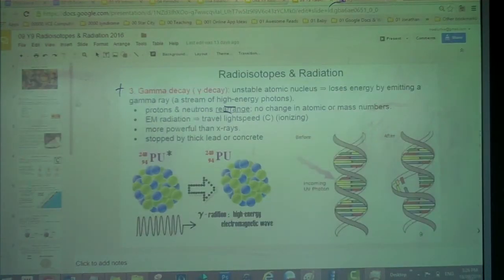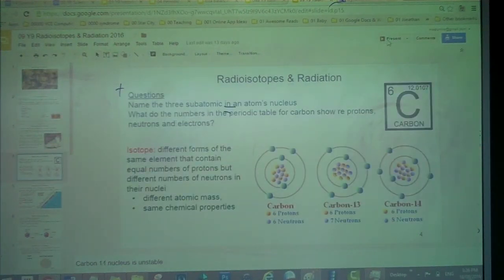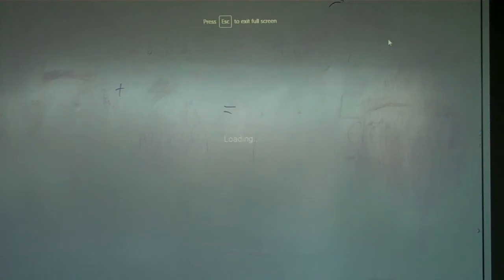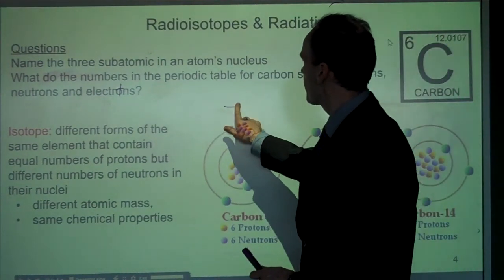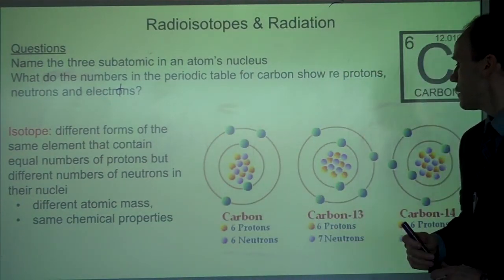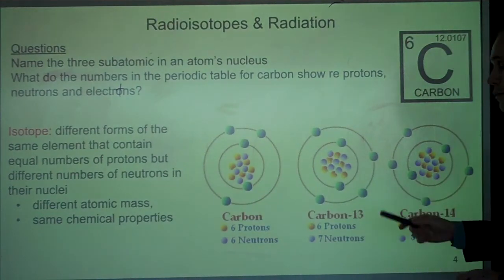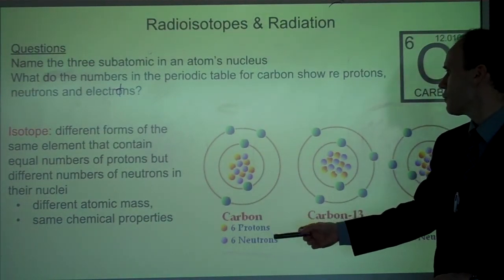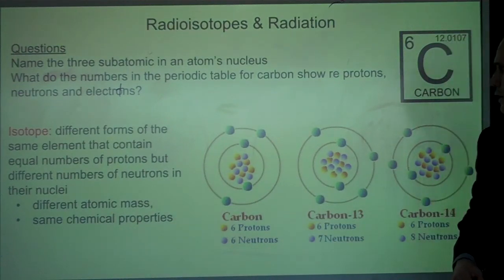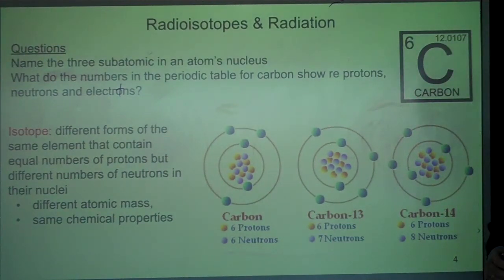Now finally, the last one we'll try and get through is the idea of isotopes. An isotope has a change in neutron number, and so in this case these carbons are all carbon. They have 6 protons, but you can see the number of neutrons is different, although in I think one of them they've lost an electron for some weird reason, but anyway.